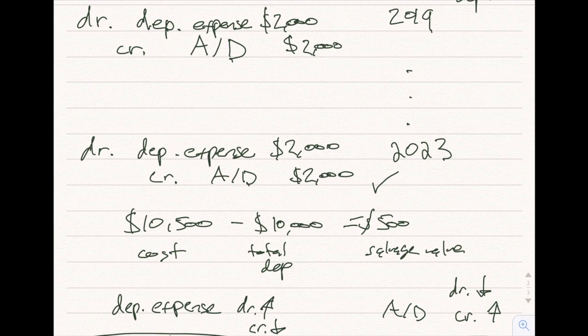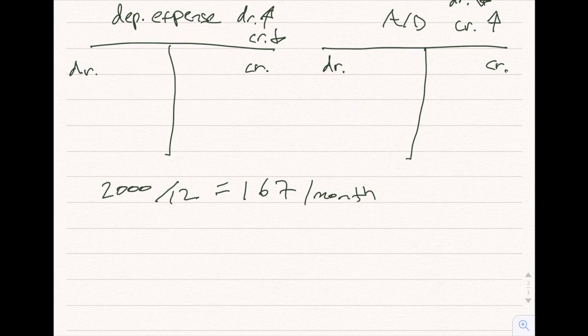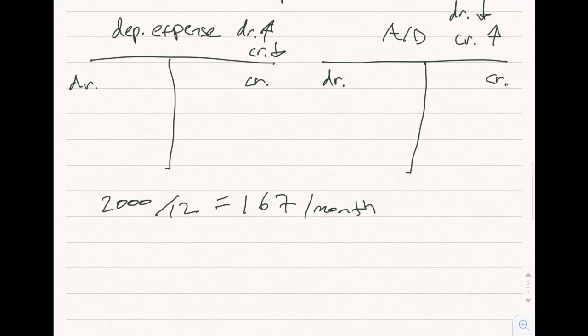This represents the whole year. But technically, when you're working with T accounts, every entry is going to be a month. And then you're going to have an ending balance. So every T account represents the summary of the activity for a year. So let's just call these 2019. Depreciation expense and AD.